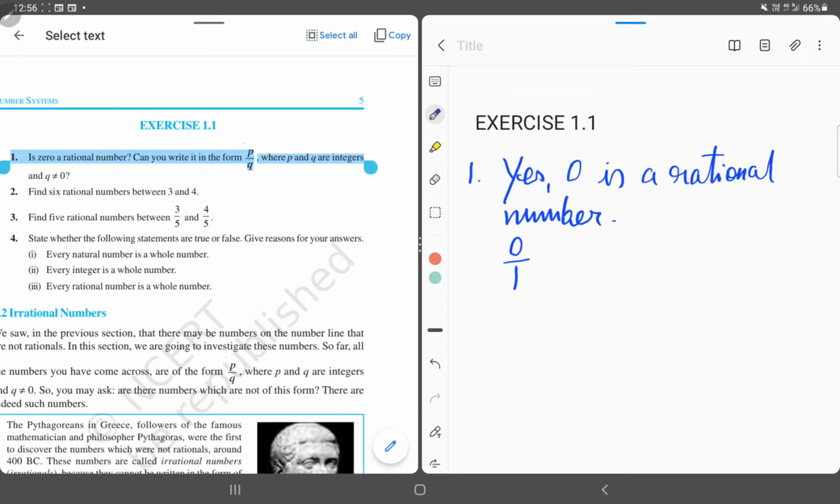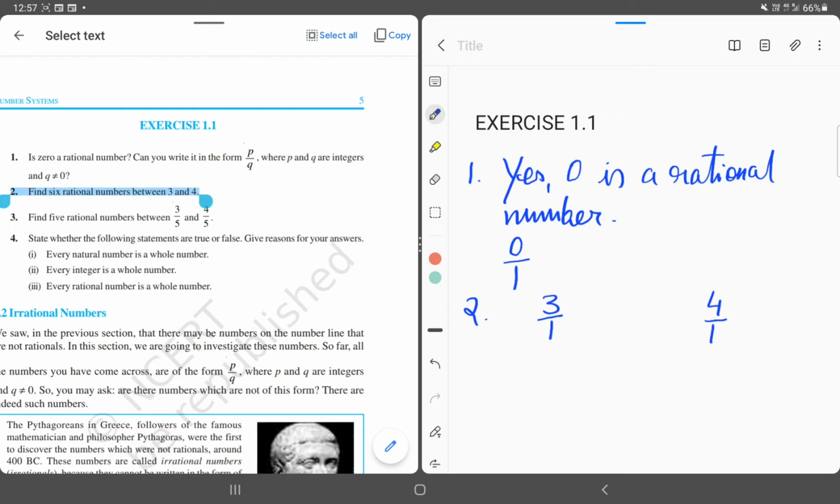So this is the complete answer of question 1. Now question 2 is, find 6 rational numbers between 3 and 4. So we can write 3 and 4 as 3 upon 1 and 4 upon 1. This I have told you earlier, that every natural number can be written in the form of a rational number by writing its denominator as 1.